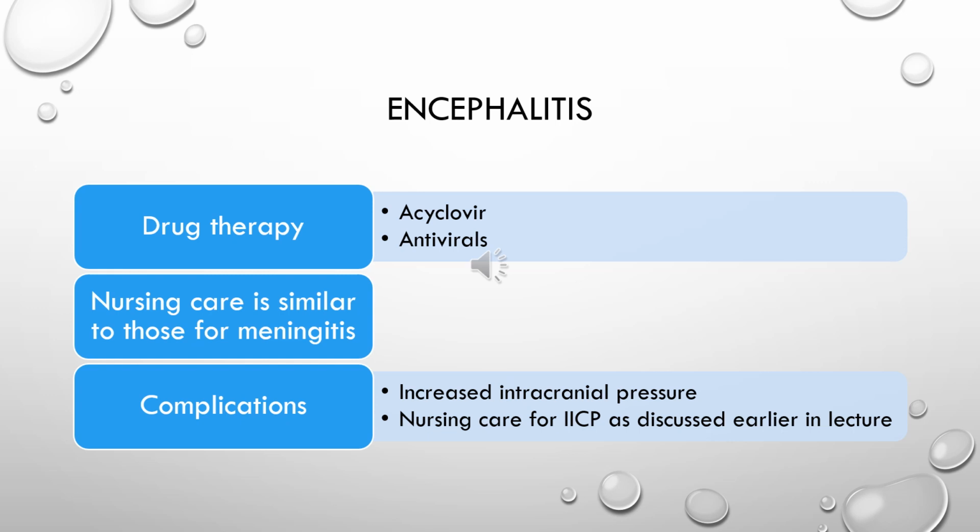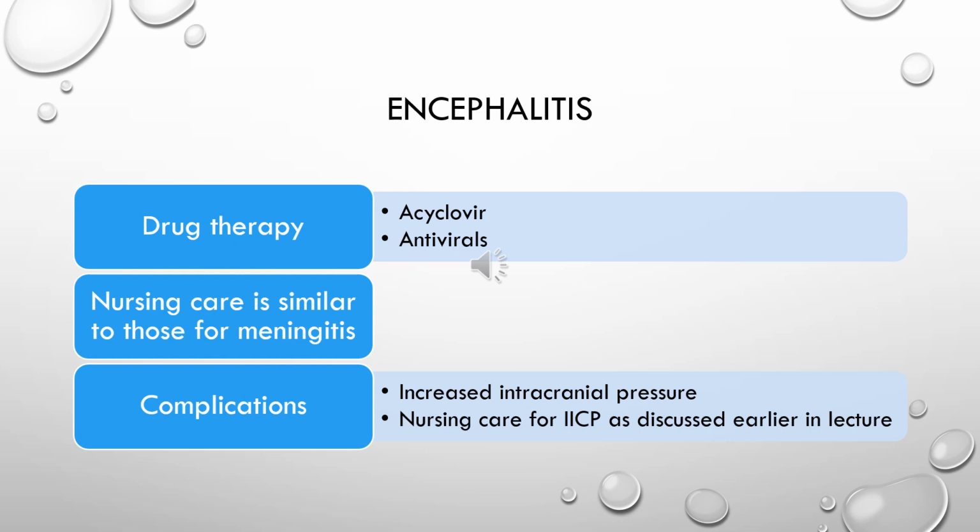Remember, we talked earlier in the lecture about the Monro-Kellie hypothesis, or doctrine, where you have those three components, and if one of them is out of balance, the other ones have to compensate. So this is one of those things that can happen: the CSF cannot drain properly, so you get an obstructive hydrocephalus.